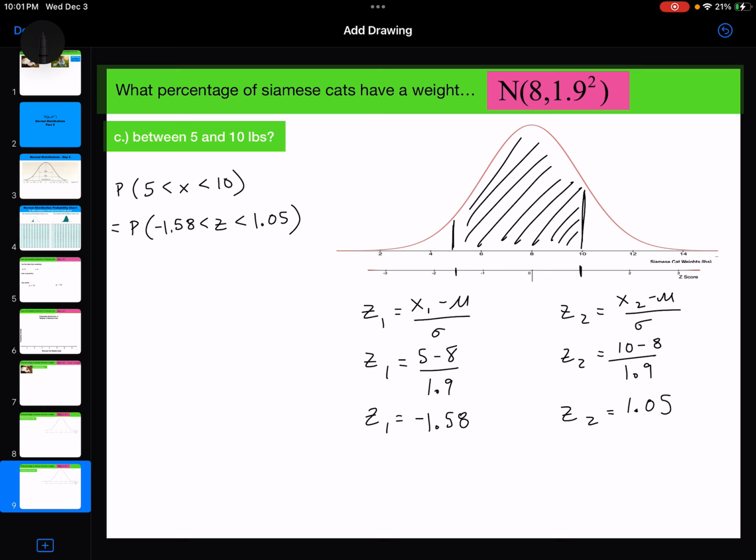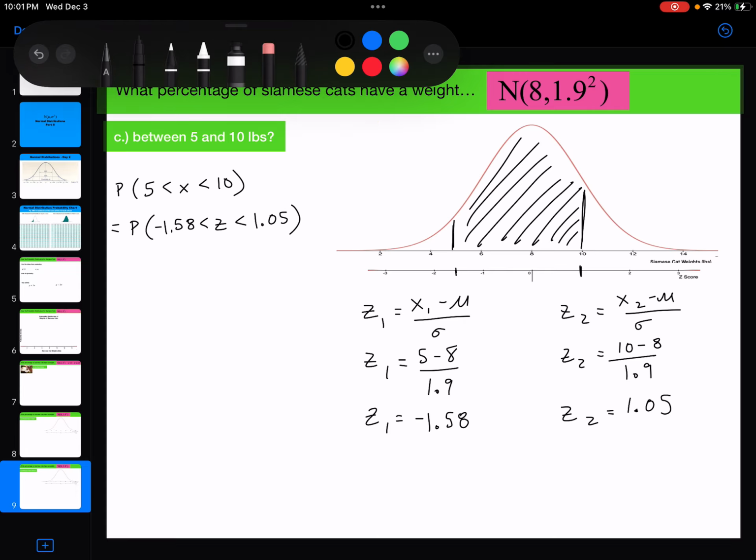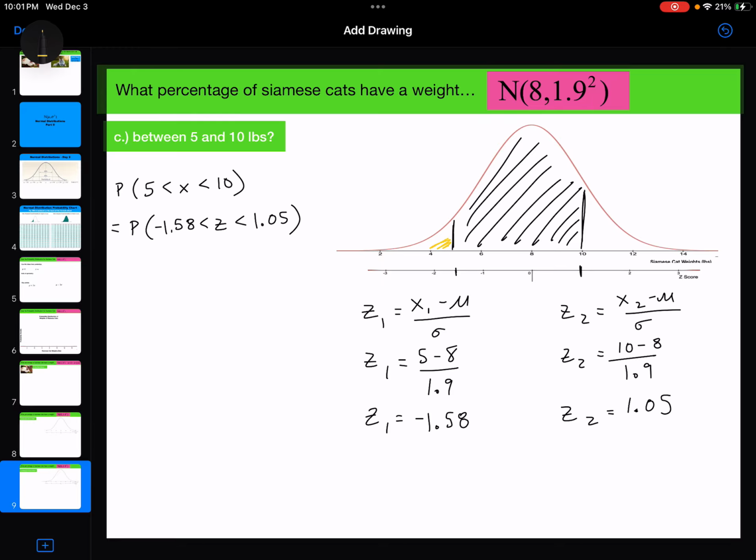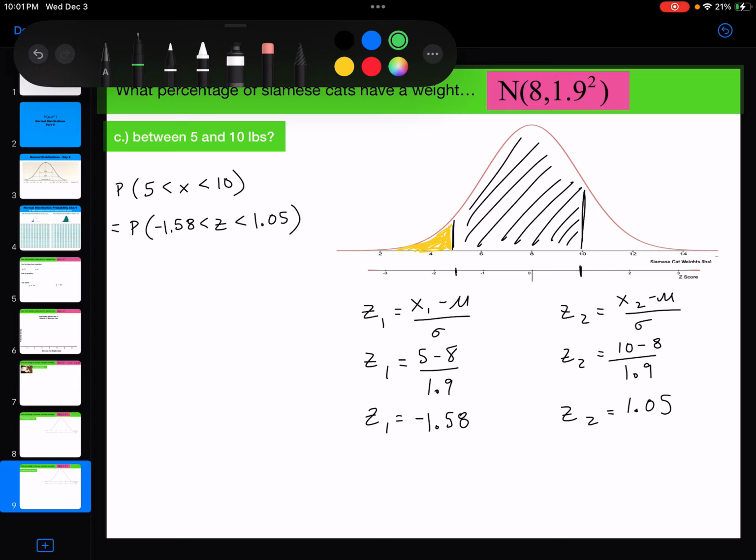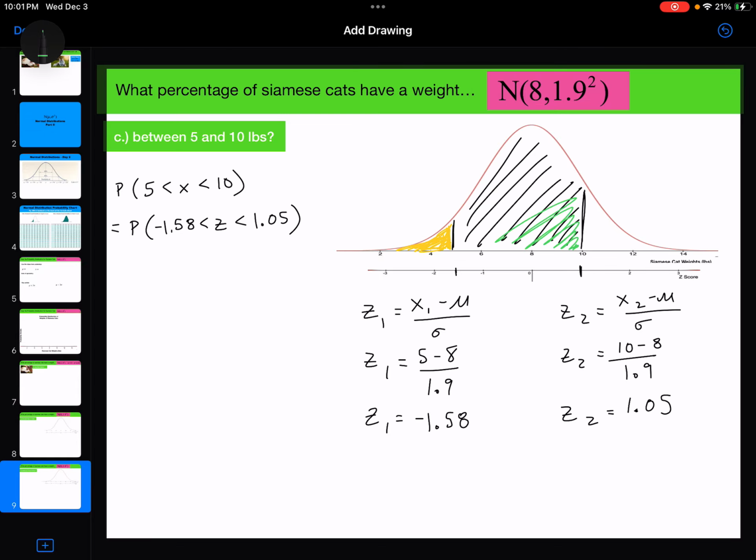All right, but there's no chart that tells me a between. The chart only tells me below. So I need to shade in the two belows. So if I look at below 5, that's this section. And then I look at below 10, that's all of this.